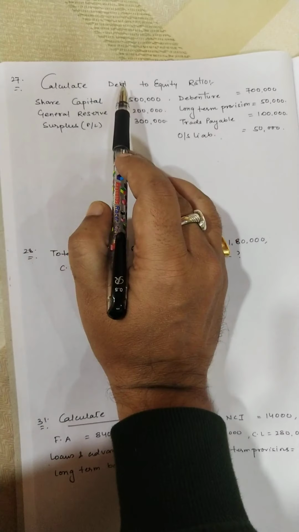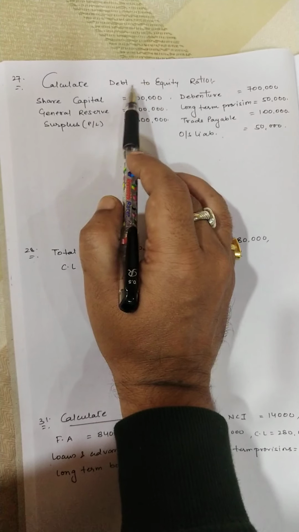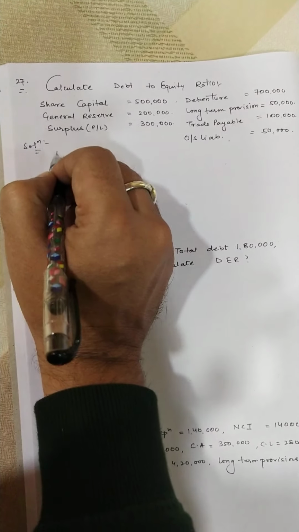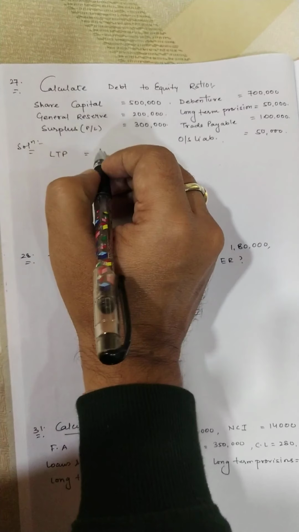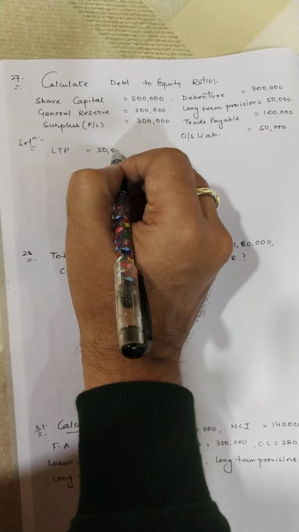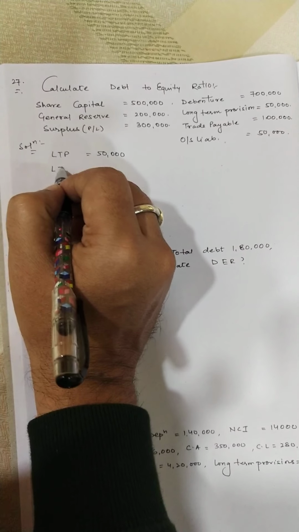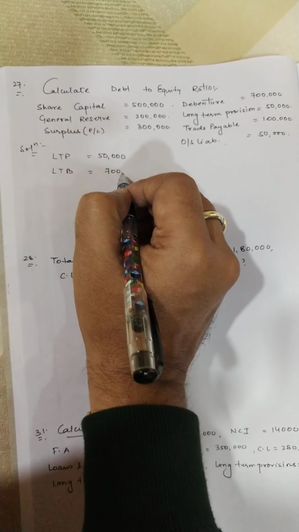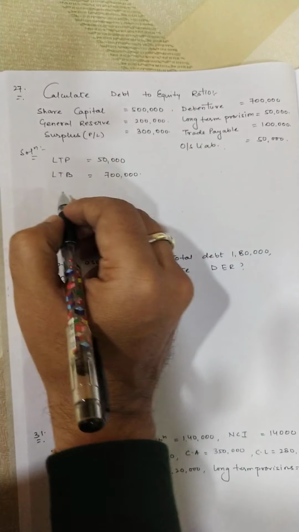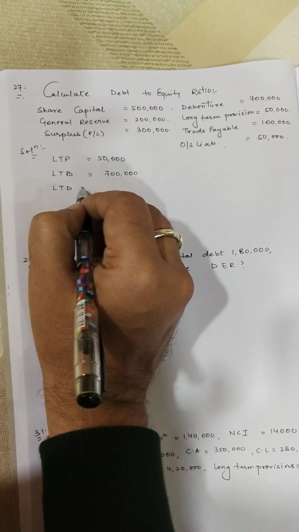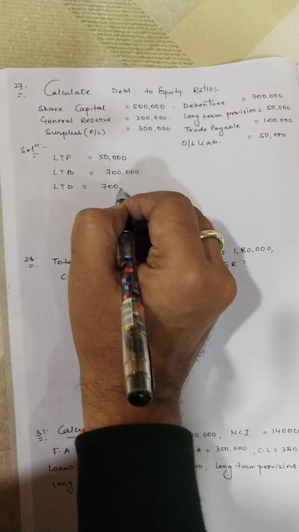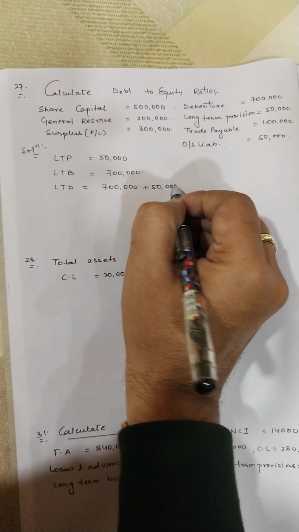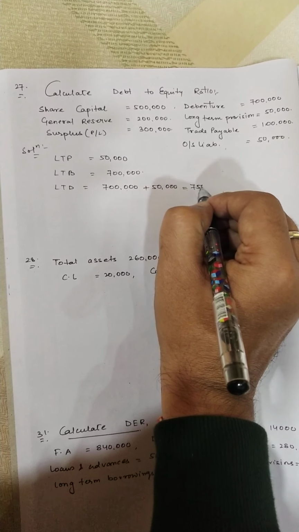Before finding the ratio, we find long-term provisions, which is already given in the book, that is 50,000. Long-term borrowings means debentures. Therefore, long-term debt will be 7 lakh plus 50,000, that is 7 lakh 50,000.